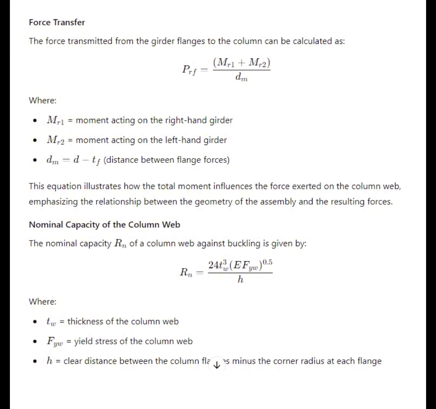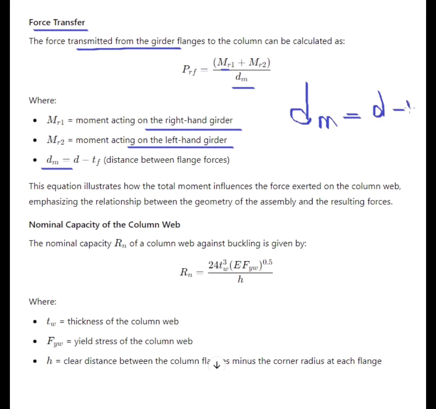Here we can see the force transfer. The force transmitted from the girder flanges to the column can be calculated as moment divided by dm. This is the moment acting on the right hand girder, MR1, and the moment acting on the left hand girder, MR2. dm is nothing but the distance between the flange forces: dm equals overall depth minus thickness of the flange.